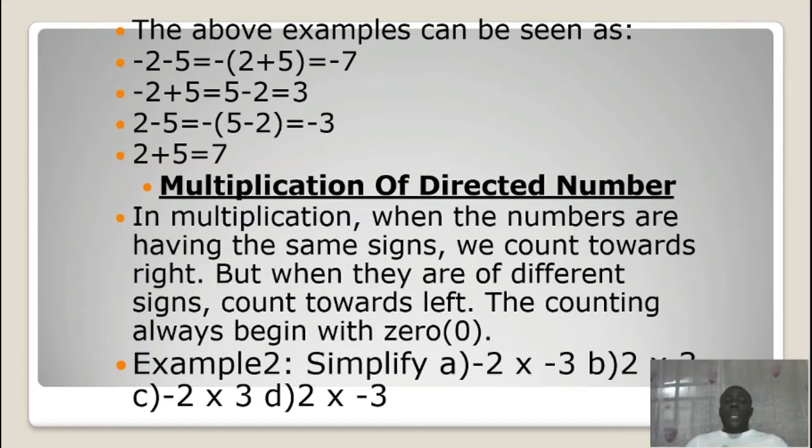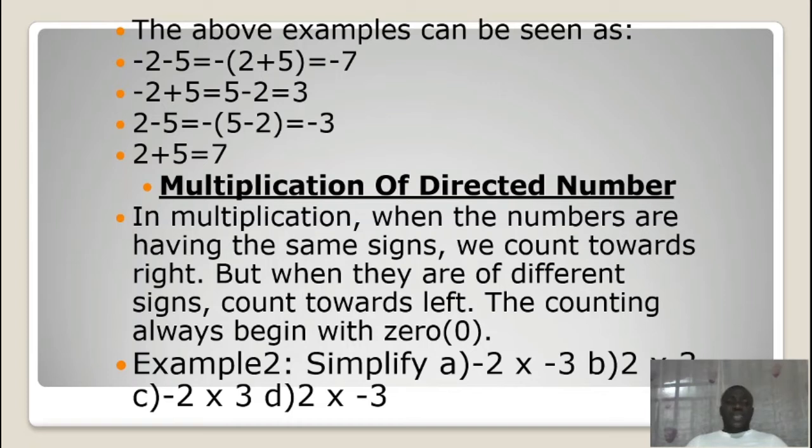So add the two numbers before you put the nature of the sign. If the two signs are positive, then you put a positive sign at the end of your operation. And if the two signs are negative, you put a negative sign at the end of your operation.